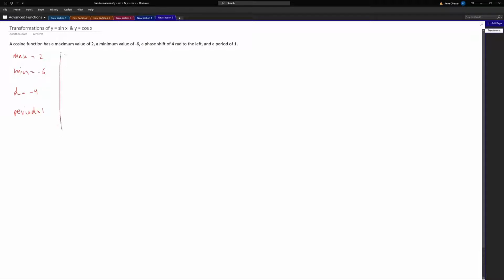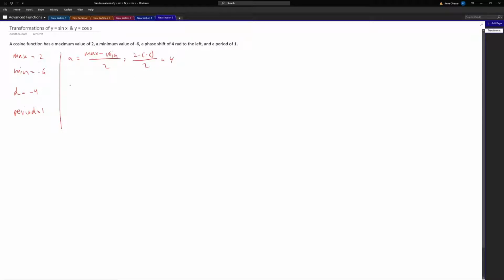So what we know is that our a value is equal to maximum minus minimum over 2. So a is actually equal to 2 minus -6 divided by 2. That is equal to 4.